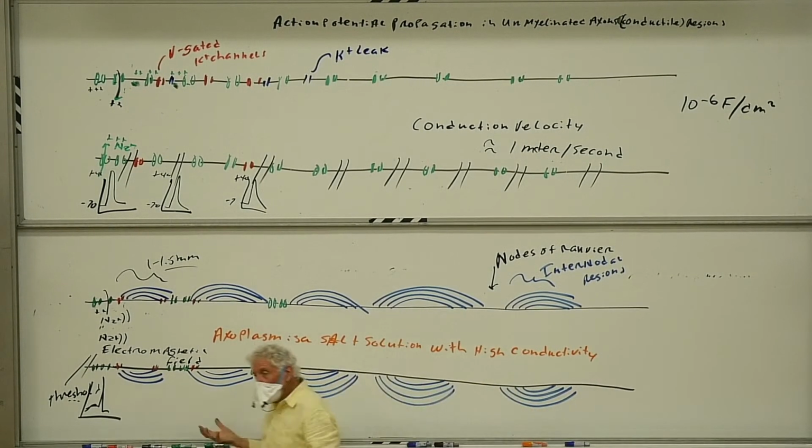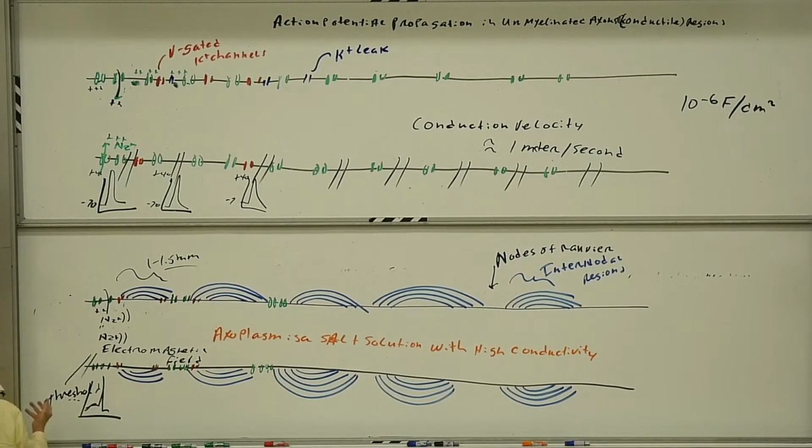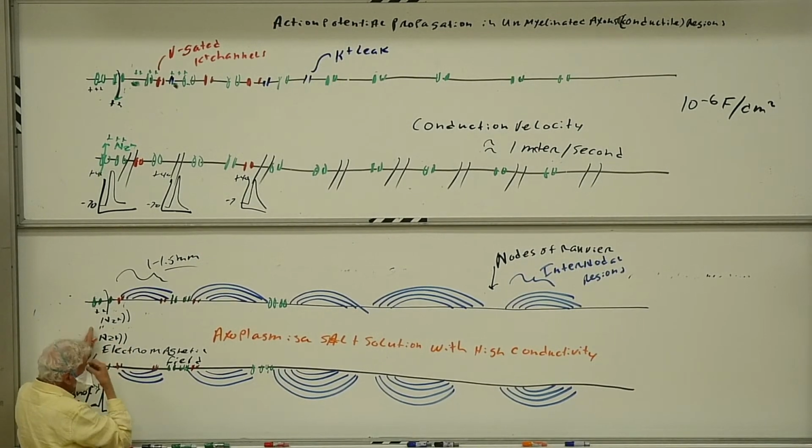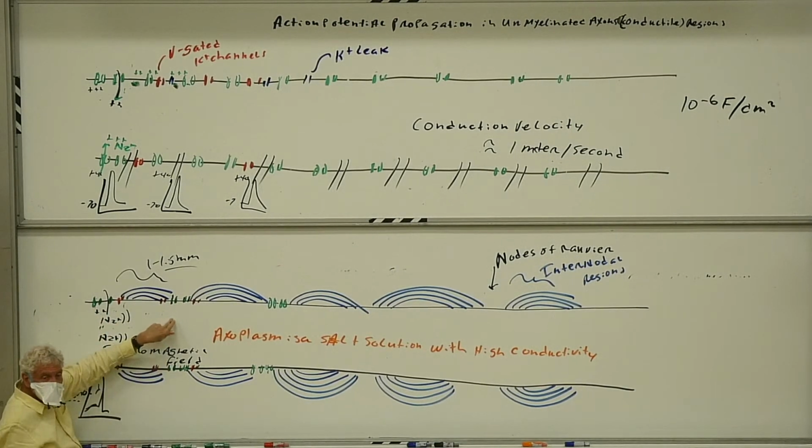It's almost like a wire. And this salt solution now can allow these electromagnetic fields to almost instantaneously propagate. They don't have to move. The electromagnetic fields are now simply going to influence the next node.